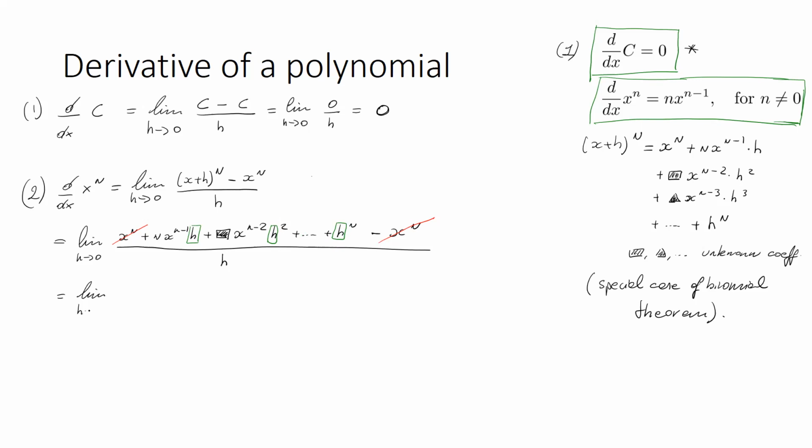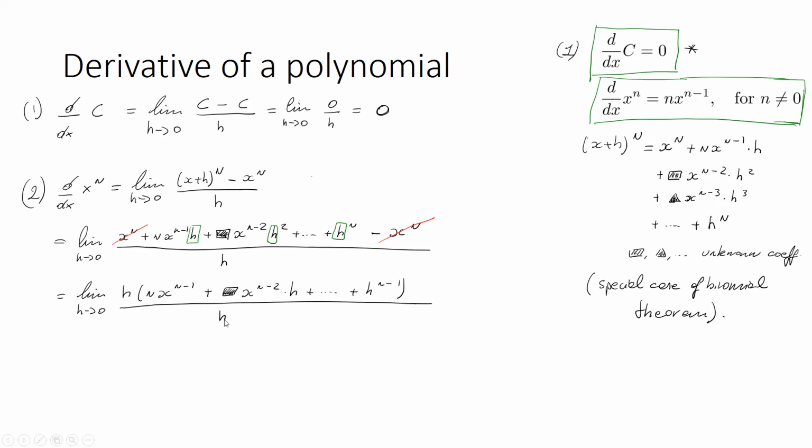I write the limit as follows: limit as h goes to 0 of h times [n x^(n-1) plus, and then that little square, whatever that is, times x^(n-2) h plus dot dot dot plus h^(n-1)], and now all of that divided by h.